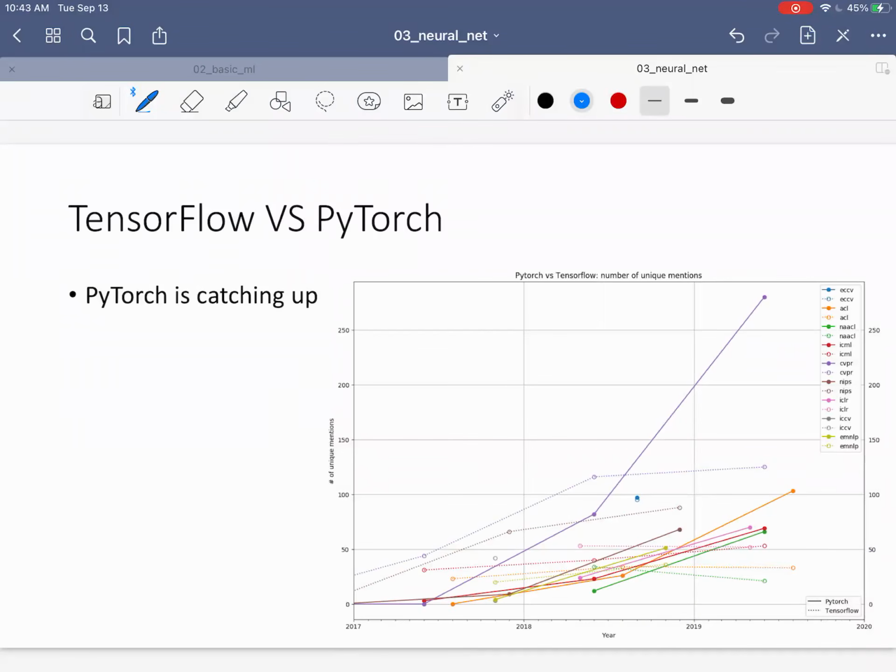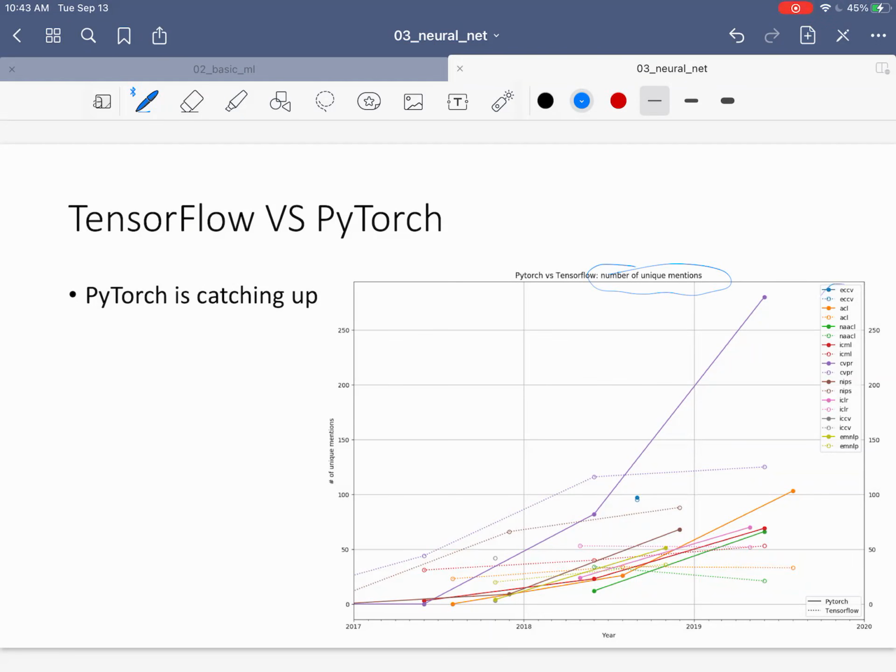TensorFlow used to be the de facto framework when developing deep learning models, but starting from 2018, 2019, PyTorch has taken its place. You can see the graph here. It's the number of unique mentions in papers that were submitted or presented in the so-called AI or machine learning conferences.